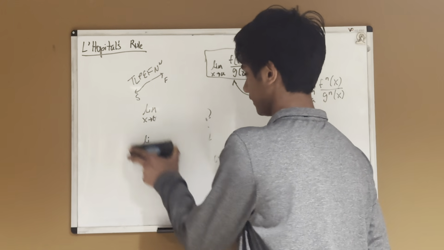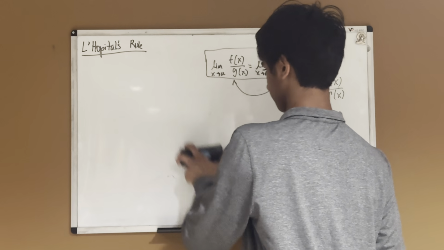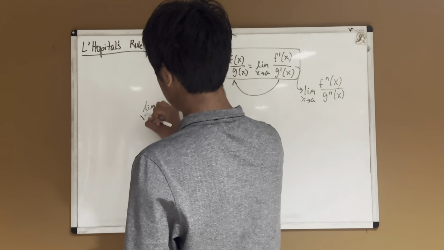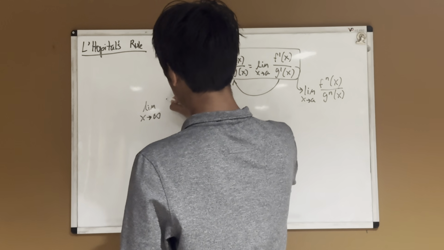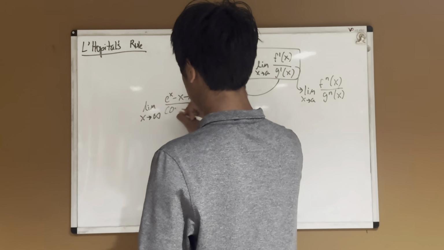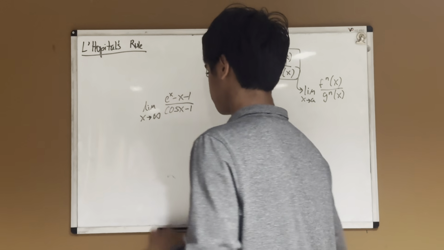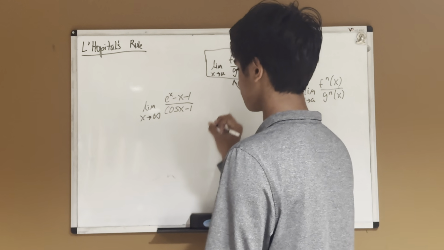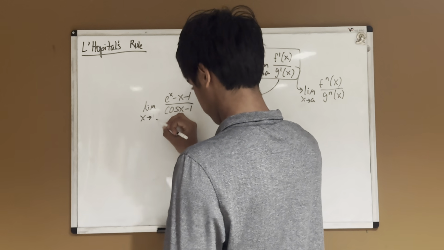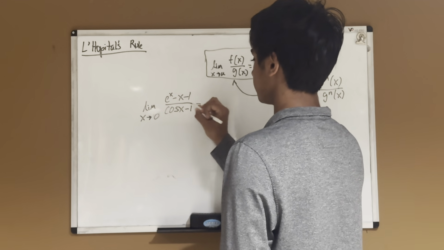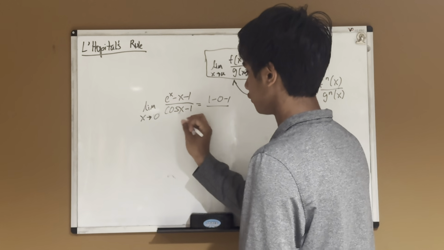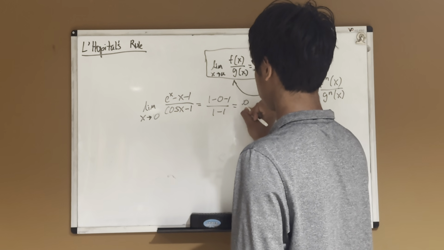Let's do one more problem, and then that should be enough for understanding this rule. Let's say we have the limit as x approaches 0 of e to the x minus 1 over cosine of x minus 1. We plug in 0: e to the 0 is 1, minus 1, which is 0, and cosine of 0 is 1, minus 1, so 0 over 0.